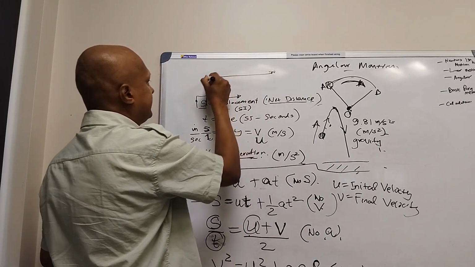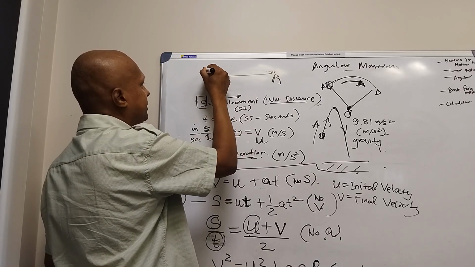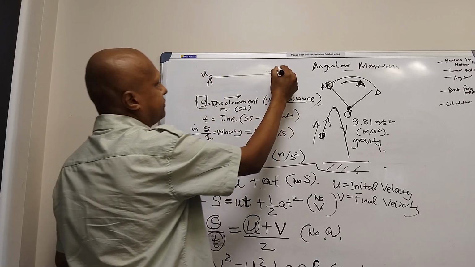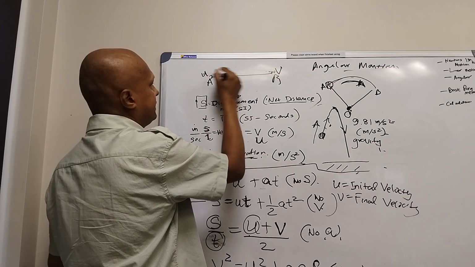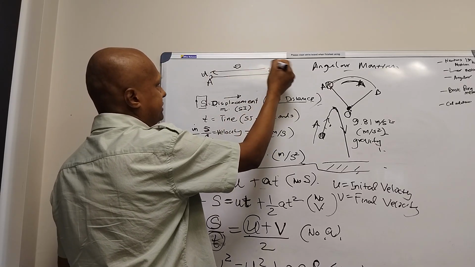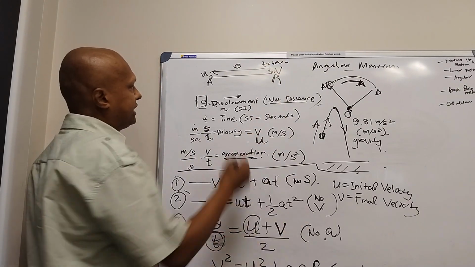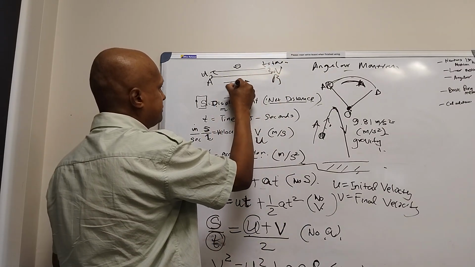So A to B, U is the initial velocity, V is the final velocity, S is the displacement, and time is time, and then you have the acceleration.